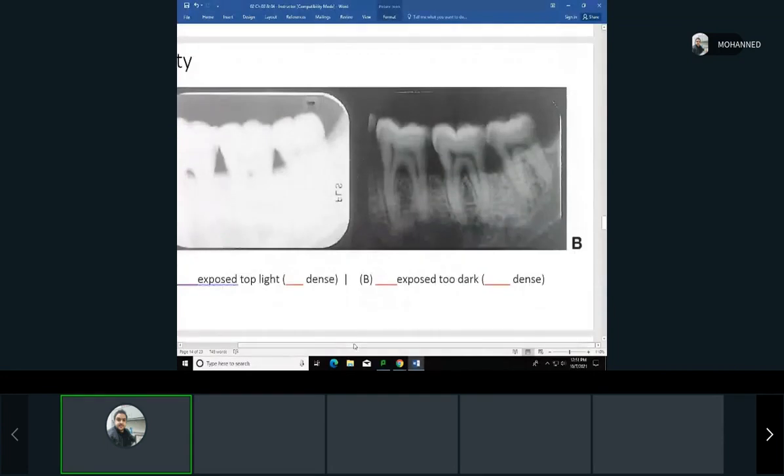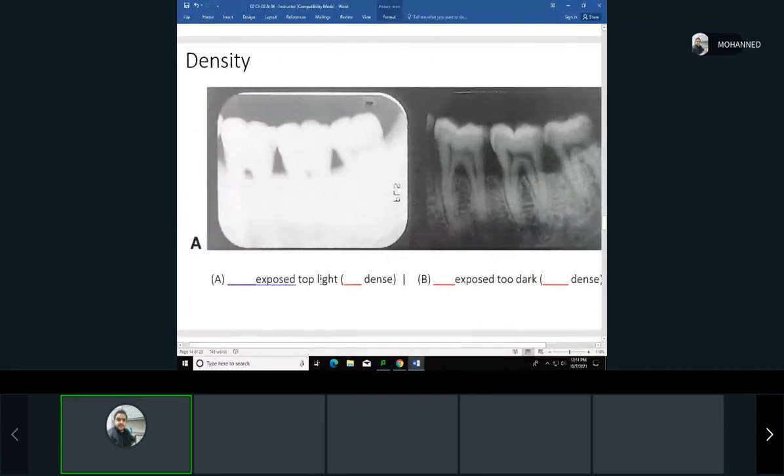And in here, this is A, is it more dense or less dense? Is it overexposed or underexposed? A is overexposed? Okay. Underexposed. So we did not shoot enough X-rays, right? Again, density is about the quantity of X-ray, how much electrons we're shooting.